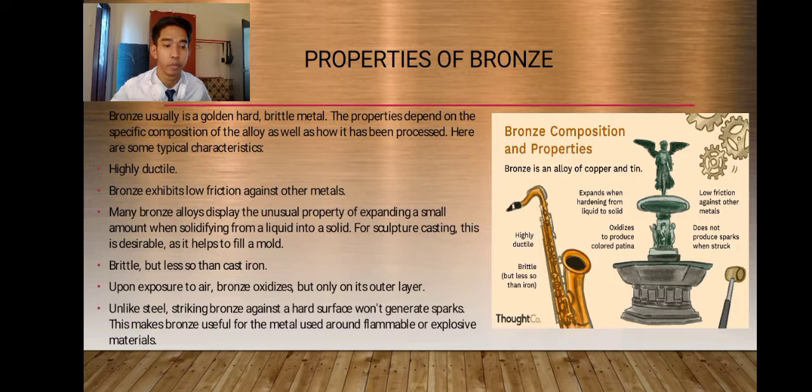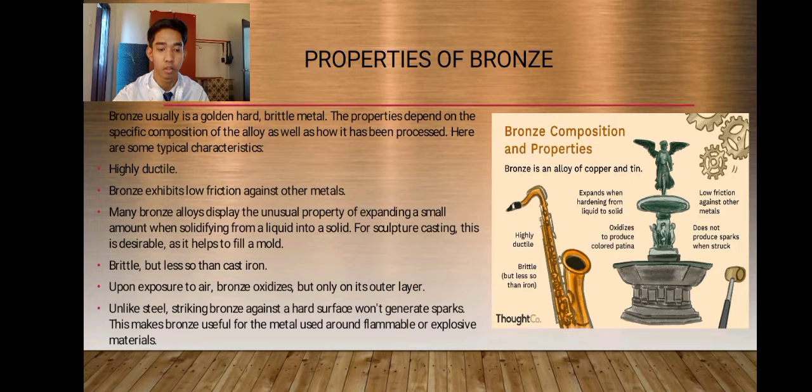Okay, the next is properties of bronze. Bronze usually is a golden hard greenish metal. The properties depend on the specific composition of the alloy as well as how it has been processed. Here are some typical characteristics. The first is highly ductile.